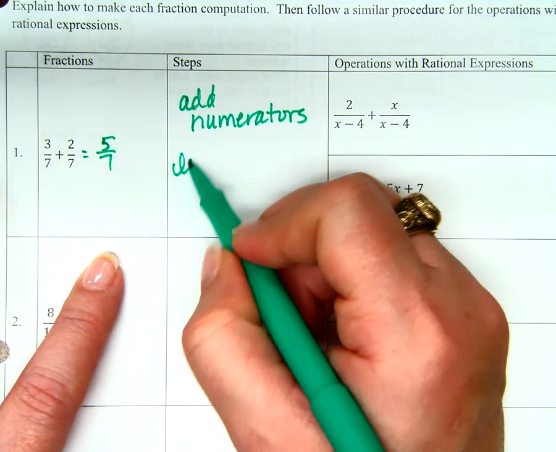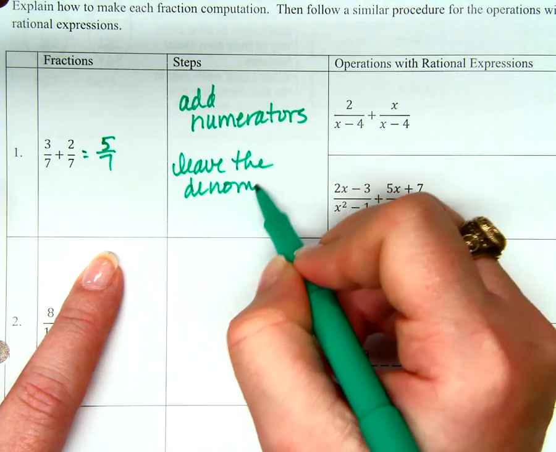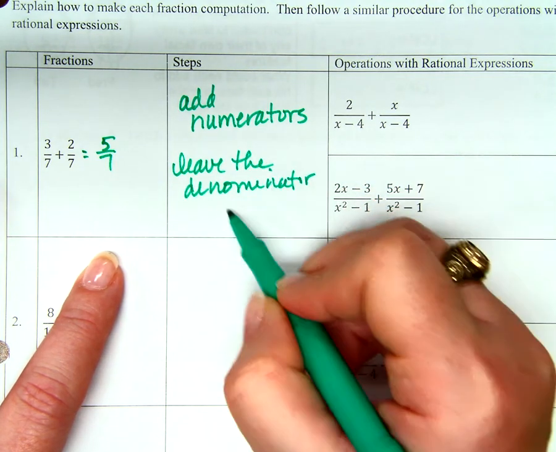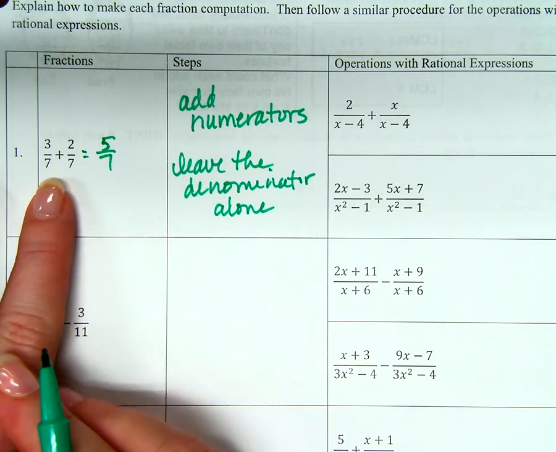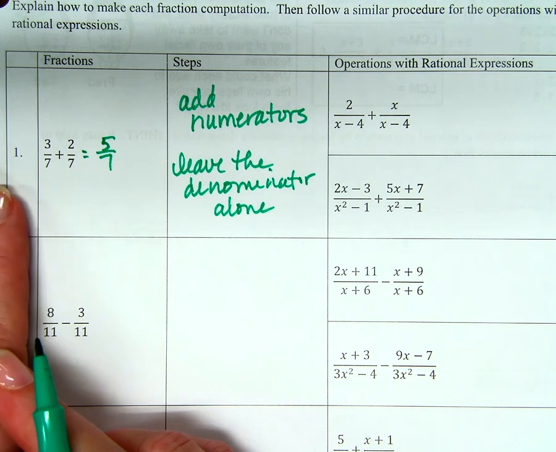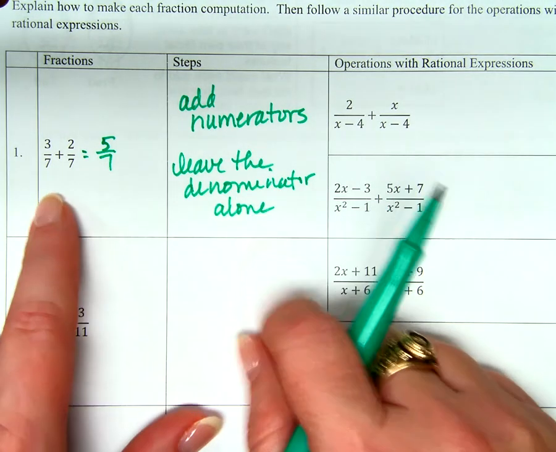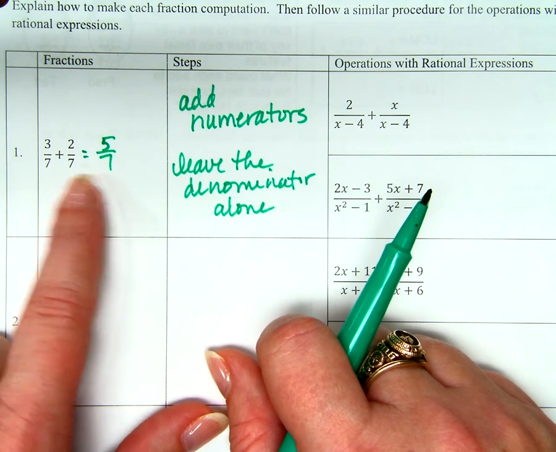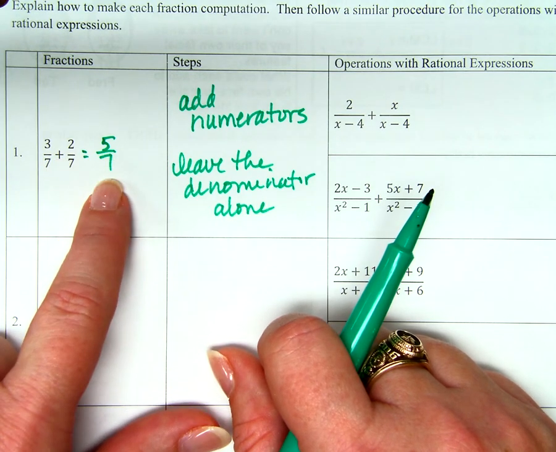So leave the denominator alone. Is that what you said? So we're not sad about it, right? We're not ignoring it. We're just bringing it along. Is that what you mean? Because we don't just ignore it and just write 5, right? We still have to write 5 over 7.